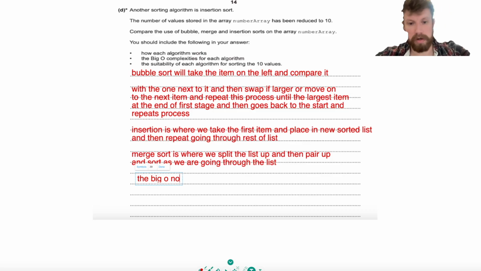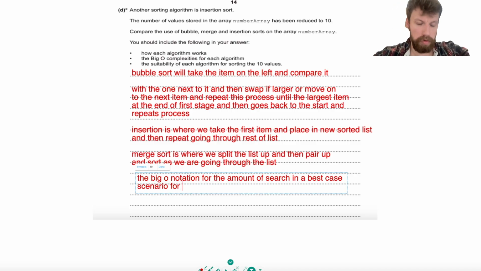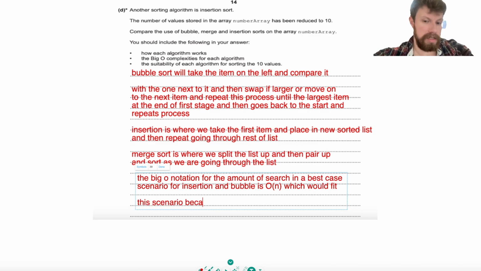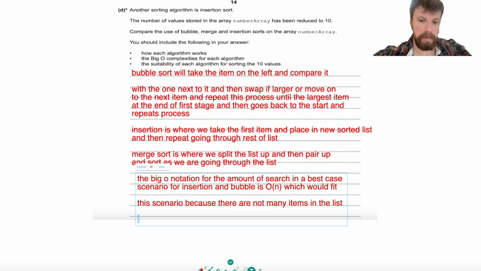Now, the big O notation for the amount of searches in a best case scenario for insertion and bubble is going to be O(n), which would fit this scenario because there are not many items in the list.